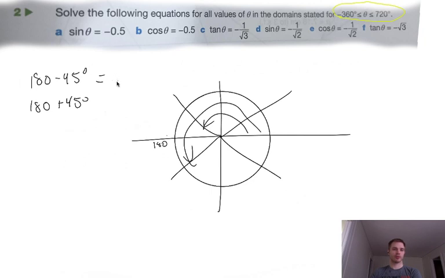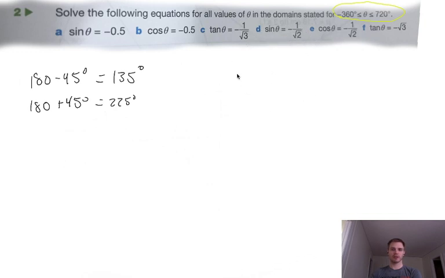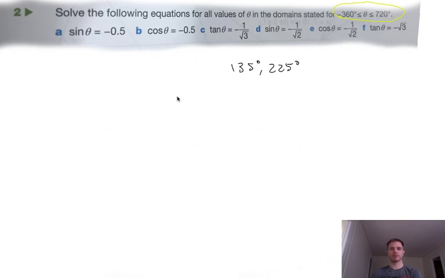So this is 135, and this is 225. Okay, so let's collect those up here. 135 degrees, 225 degrees. Boom. All right, so this is in our first cycle from 0 to 360.